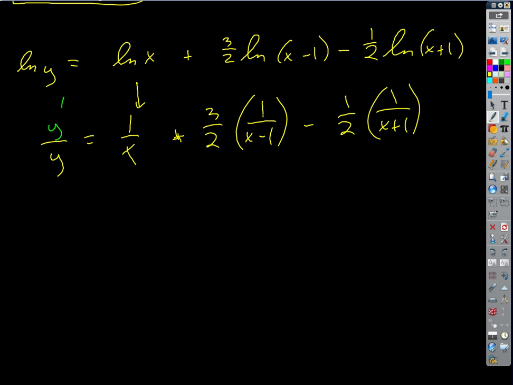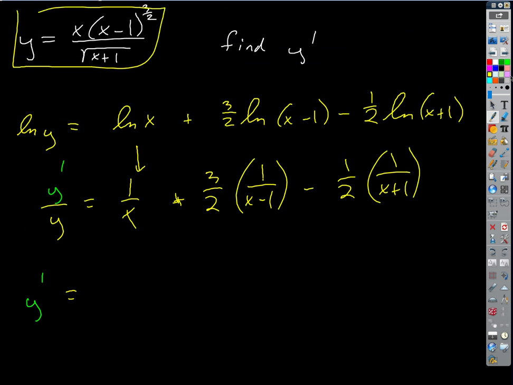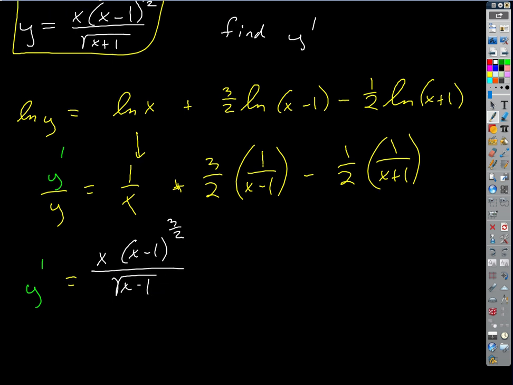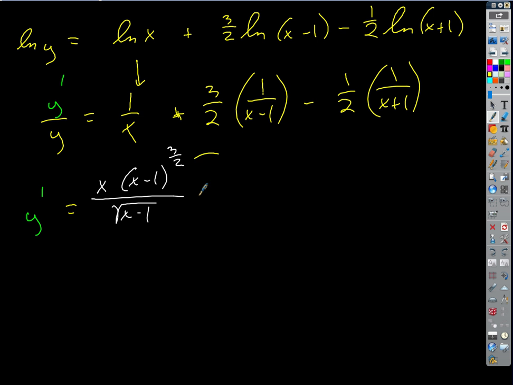So then when all the dust settles here, we've just got y prime equals y, which is that stuff, times x plus 1 plus 1 on the bottom, times all that, right? We're just multiplying the whole right side by y, which is that.